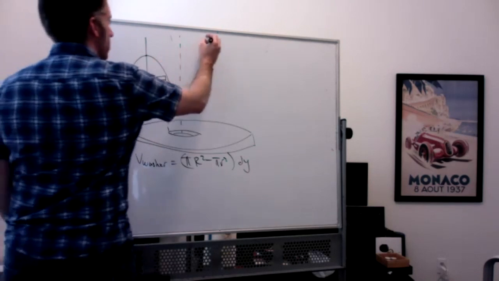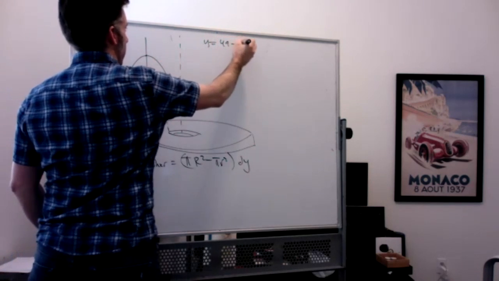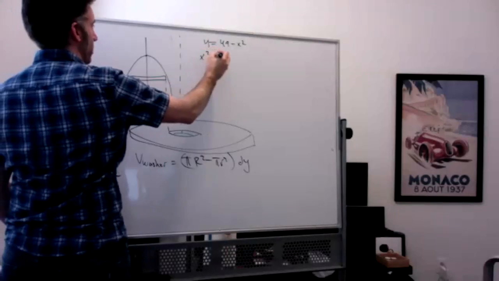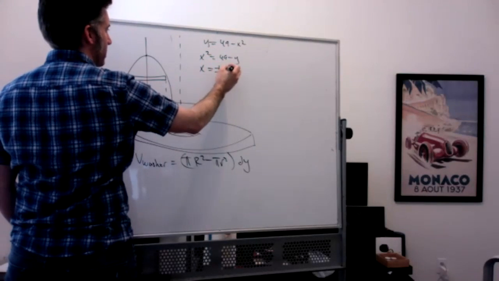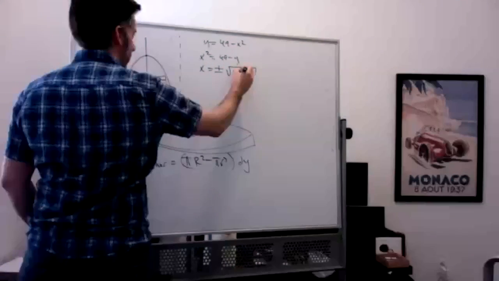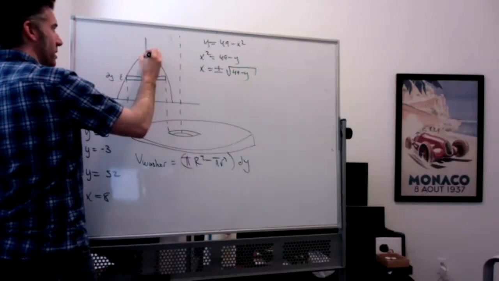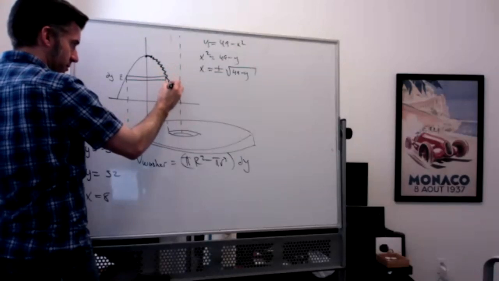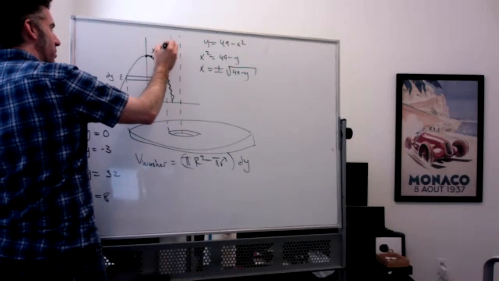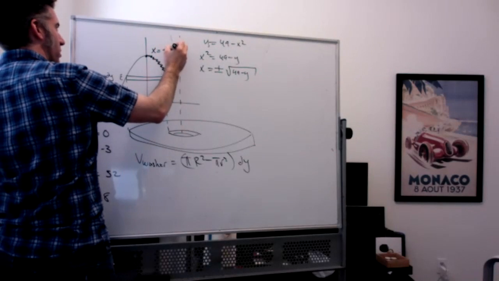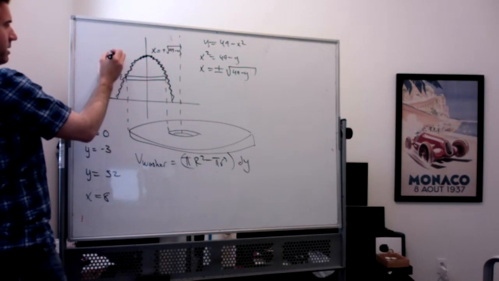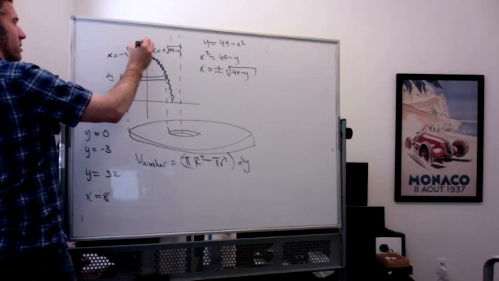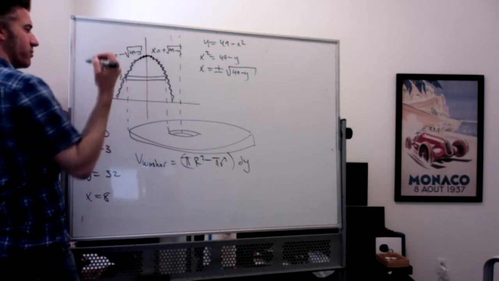So y equals 49 minus x squared, then x squared equals 49 minus y, and x equals plus or minus the square root of 49 minus y. This right side is x equal to the positive square root of 49 minus y. This left side is x equal to minus the square root of 49 minus y.